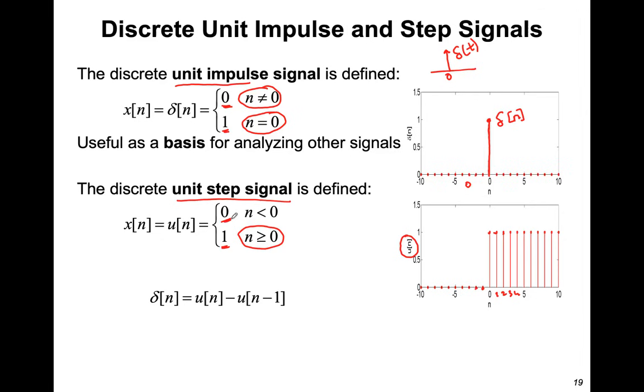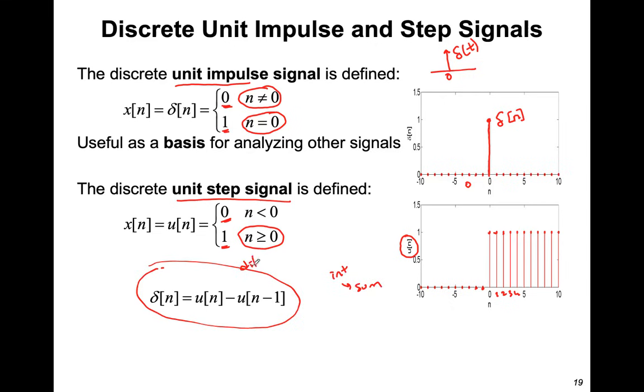So in discrete time, when we talk about differentiation or integration, for differentiation we will be thinking about difference. When we talk about integration, we will be talking about summation, okay?